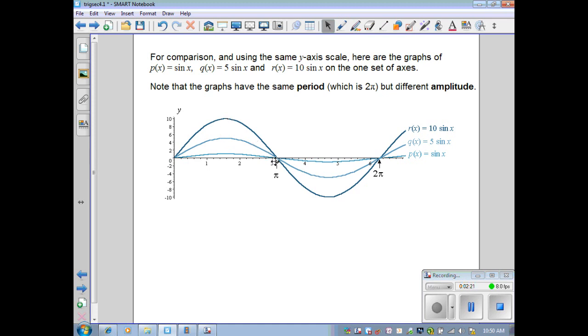Back at another quadrant angle, they all intersect at 0. At the next quadrant angle, it will again be 1, 5, and 10 until we complete a revolution that completes the period at 2 pi. So the only difference between these functions is the amplitudes, and the periods are the same.